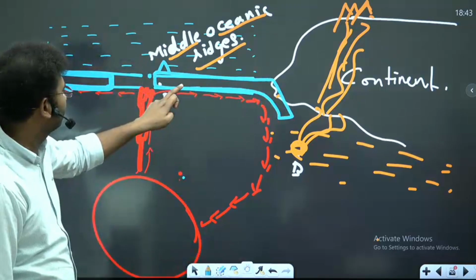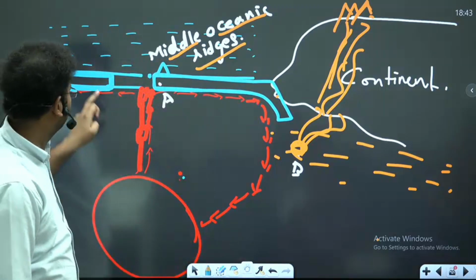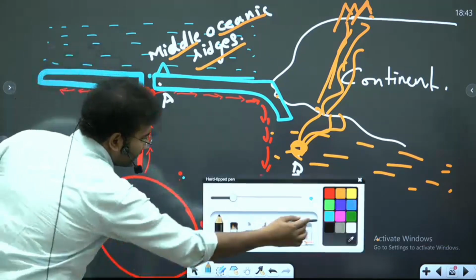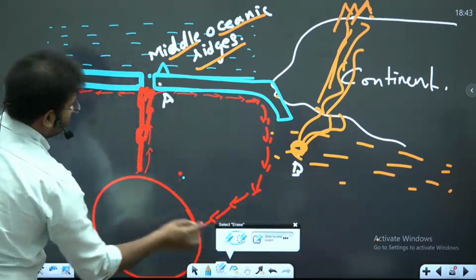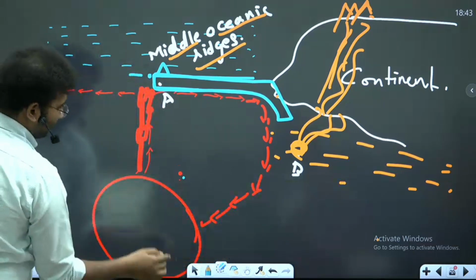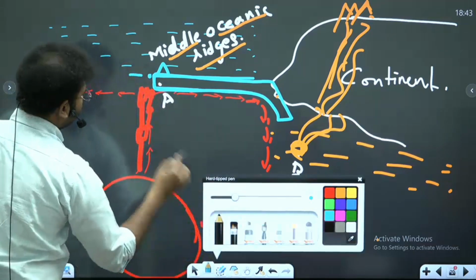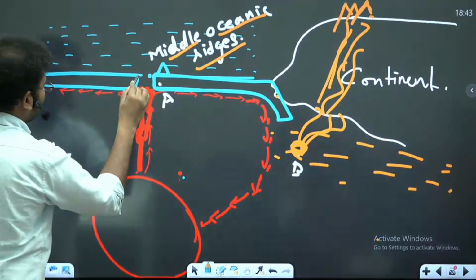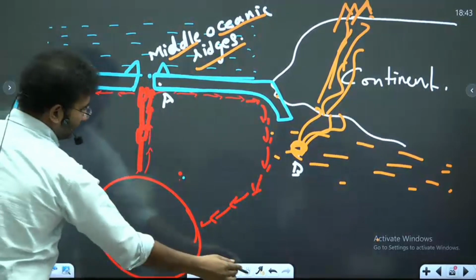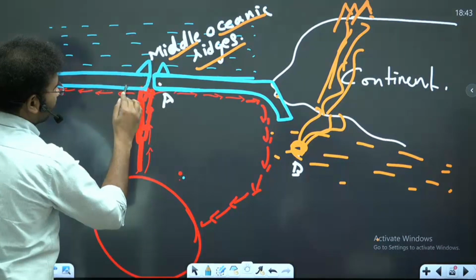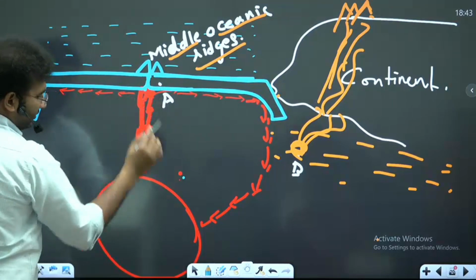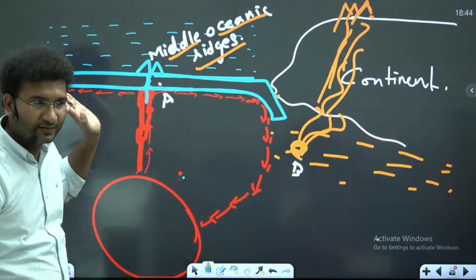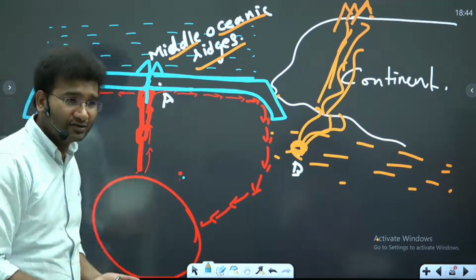Suppose in the first case, both of these plates were together. There is volcanic material which went up and gave mountains. Right? After a few thousand years, what happens?